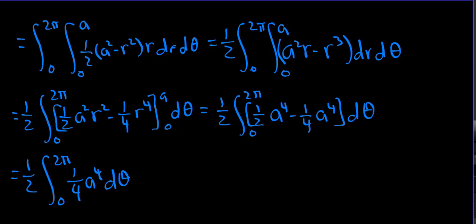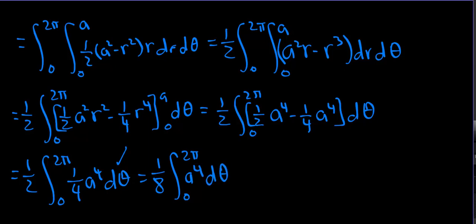Now, the temptation is to integrate with respect to a. In other words, you might say, I'm going to integrate this now, that's going to be 1/5 a to the 5th. No, no. You're integrating with respect to theta. So that's a pitfall. Be careful, don't fall into that. Here's what we've got. We've got 1/8 outside, 0 to 2 pi, a to the 4th, d theta.